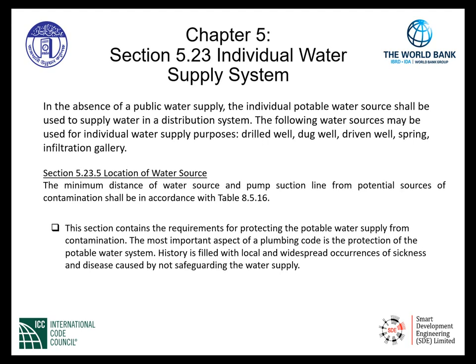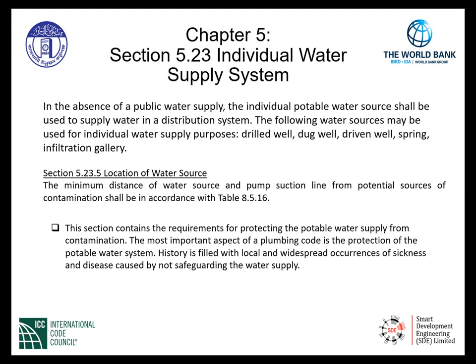The minimum distance of water source and pump suction line from potential sources of contamination shall be in accordance with Table 8.5.16. Remember, we do not want any source of contamination in the potable water supply system. That's why we have this section, and it refers to Table 8.5.16.